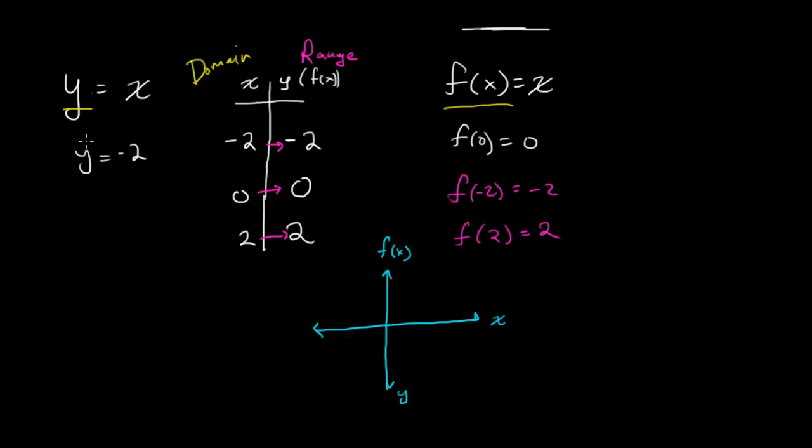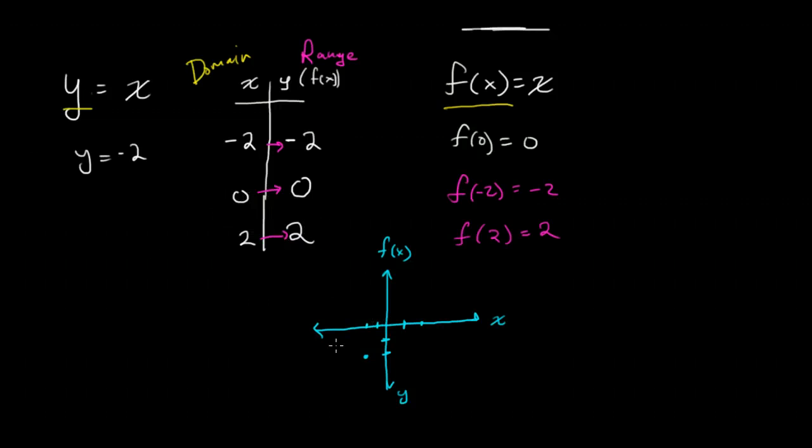To graph this function, y is equal to x or f of x is equal to x, let's use our values here. I have a -2, and then I would go -2 from the origin, and then -2 down, and that would be my first point. This point here would be 0, 0.